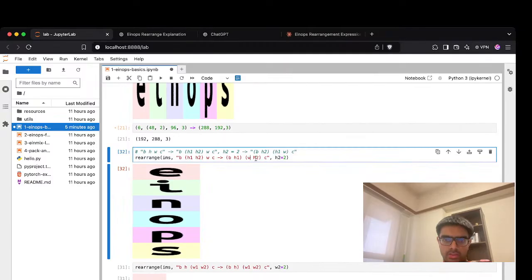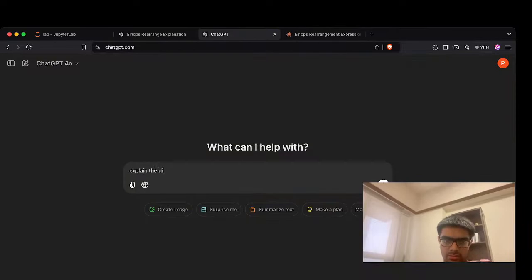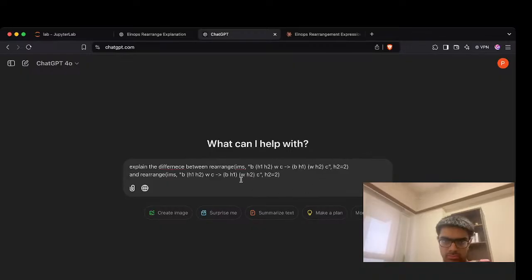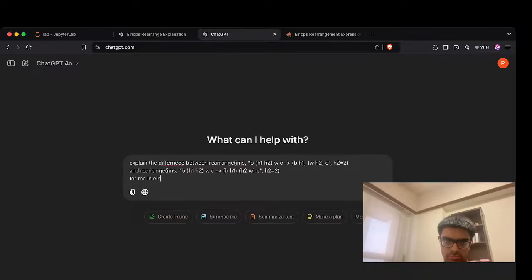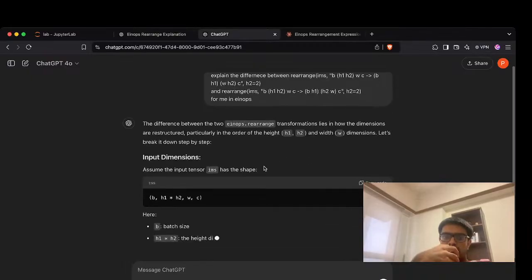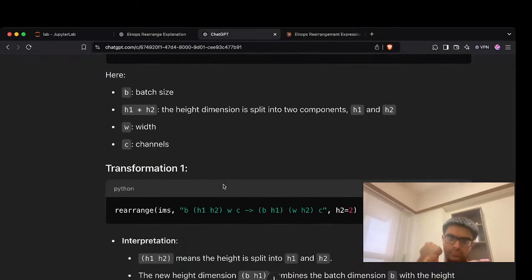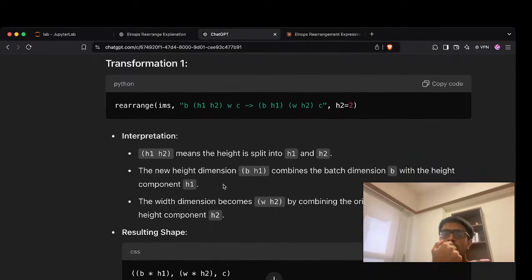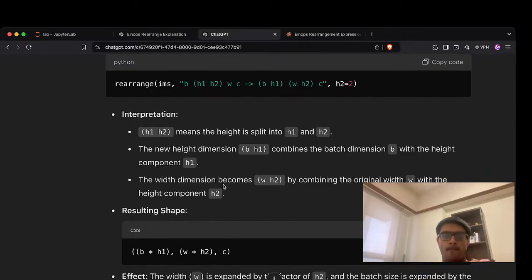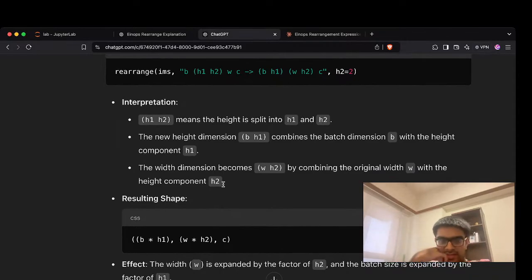Oh, right. So, the width is expanded by the factor of H2 in the other one.